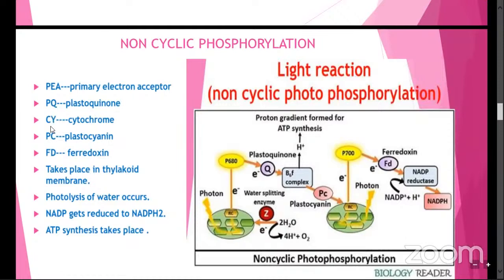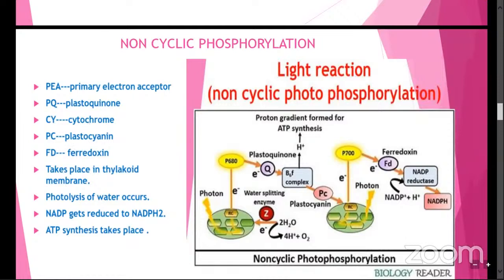Plastoquinone. And third one is CY. What is CY? Cytochrome. And what is PC? Plastocyanin. And what is FD? Ferredoxin. So these are the important abbreviations which come while explaining this non-cyclic photophosphorylation. You should remember all these abbreviations: PEA, PQ, CY, PC and FD.